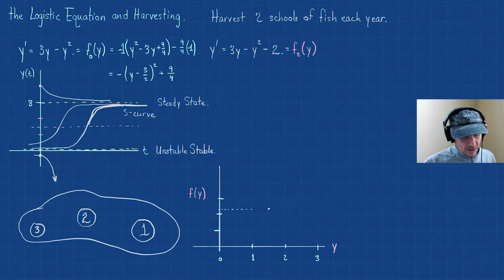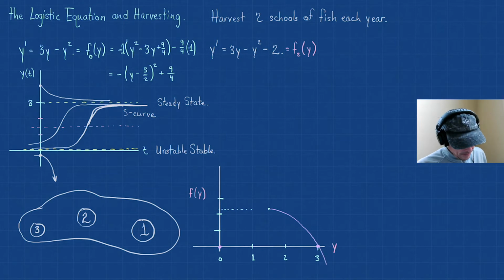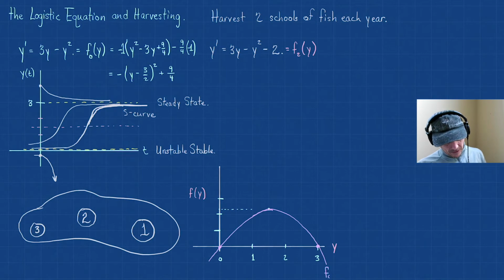And we already know that it's 0 at 3. Let's do a different color for this. It's 0 at 3, and it's 0 at 0. So I have this parabola that's shaped like this. Okay, so this is f0 of y.